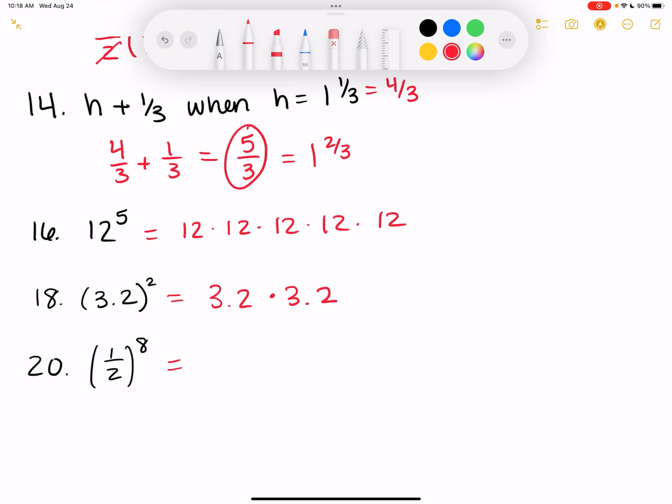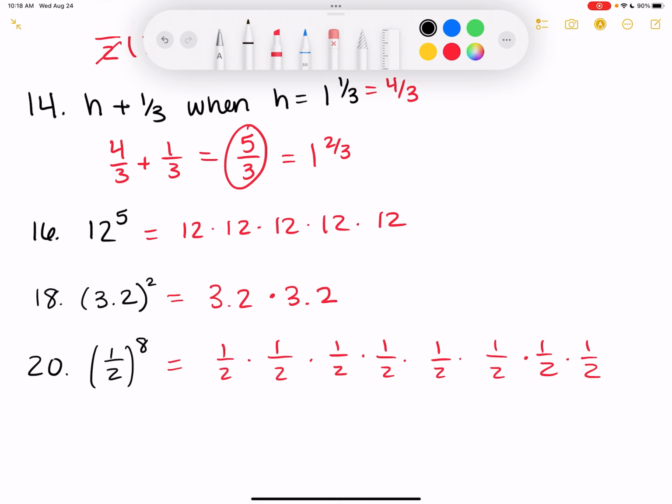So we treat this the same way as we would any of the other ones. We're just going to write 1/2 8 times. Sometimes I question why they have to make you write so many. There we go.